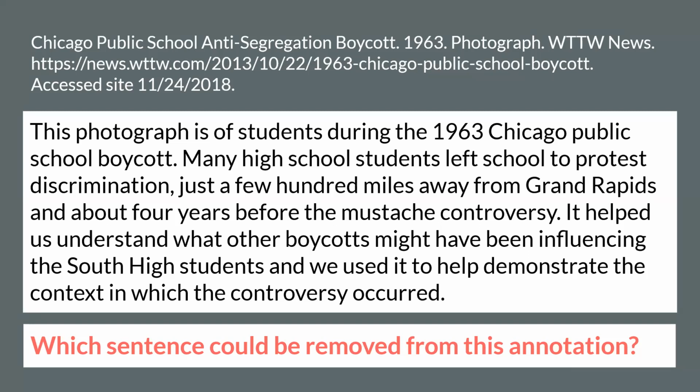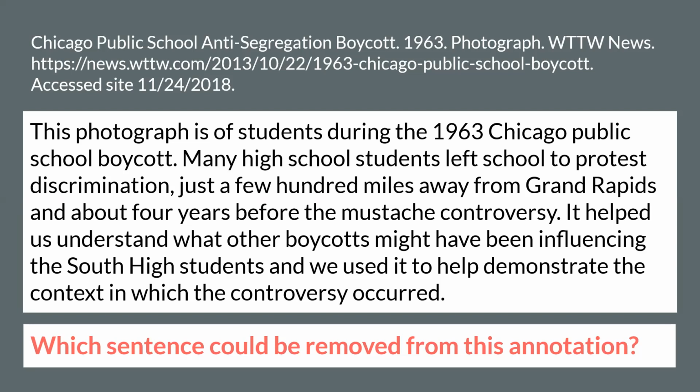Many high school students left school to protest discrimination just a few hundred miles away from Grand Rapids and about 4 years before the mustache controversy. It helped us understand what other boycotts might have been influencing the South High students, and we used it to help demonstrate the context in which the controversy occurred. So think about sentence 1, sentence 2, or sentence 3. Which one would you get rid of?